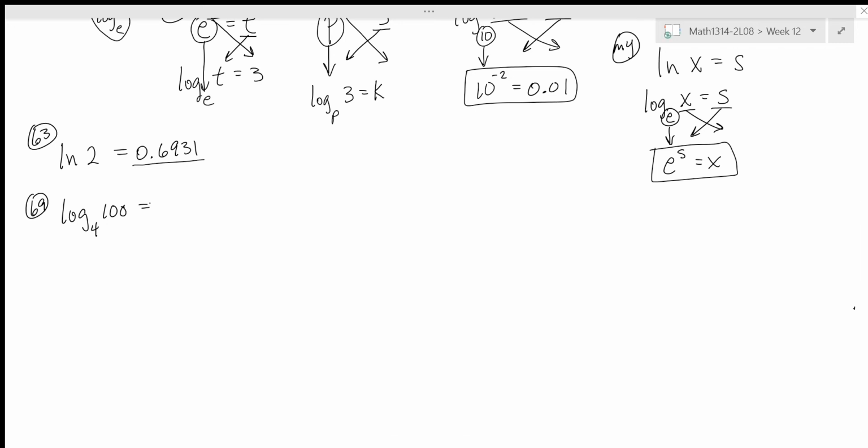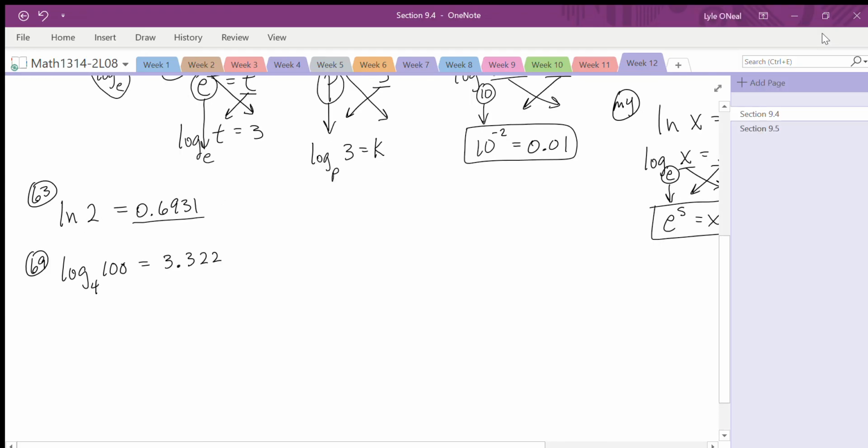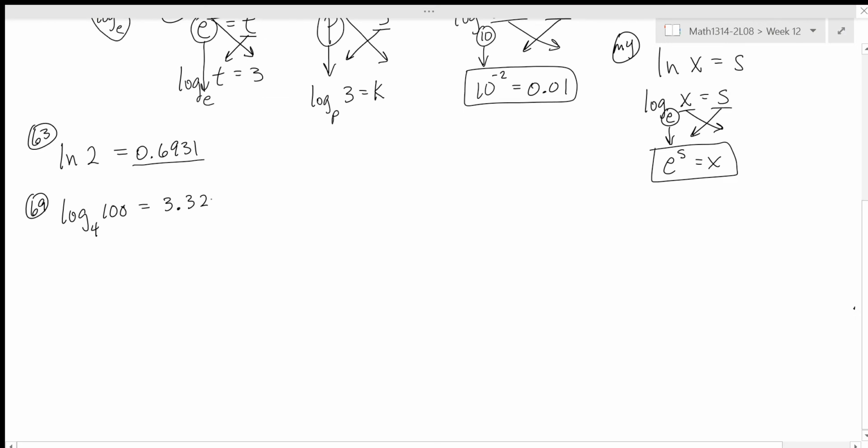Again, I need you to use a calculator, and I need that rounded to 4 decimal places. 3.3219. Is that rounded correct to 4 decimal places?